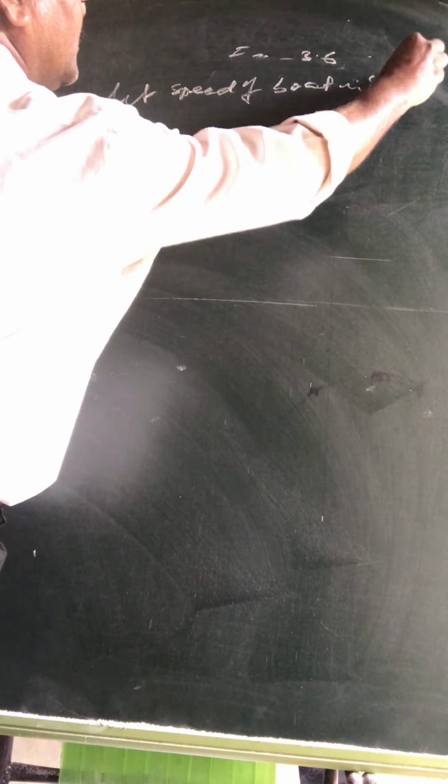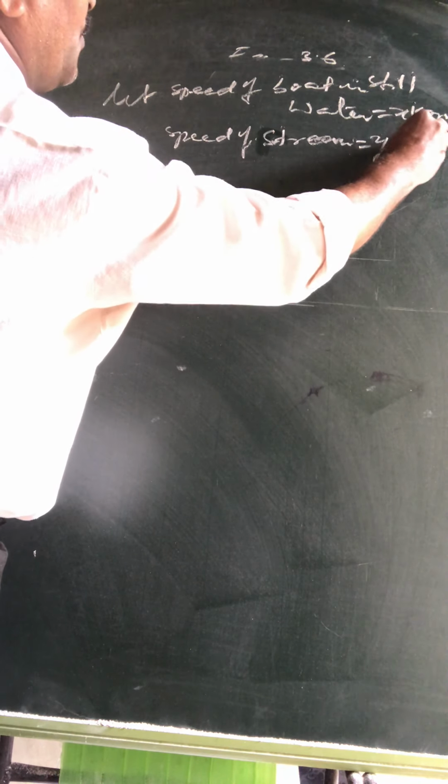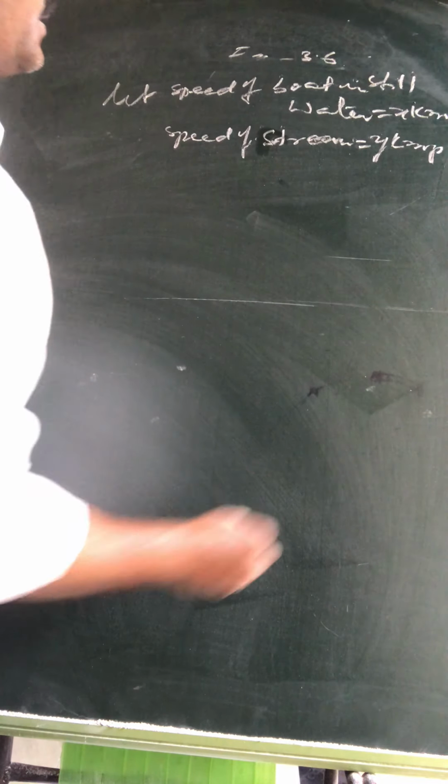Now let the speed of the boat in still water be x kilometers per hour, and the speed of the stream be y kilometers per hour.